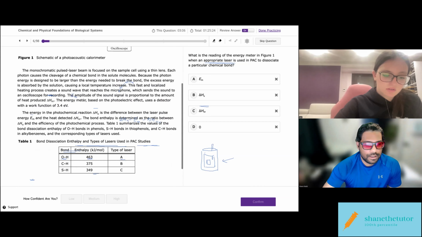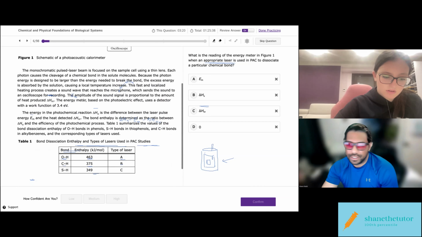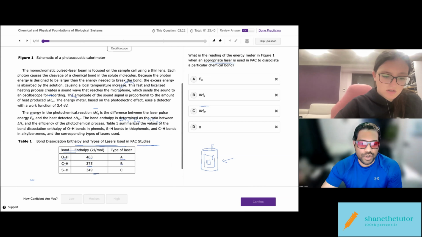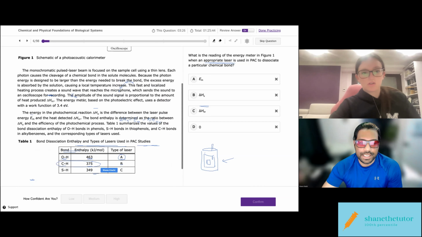Laser B has a lower enthalpy, 375, and it's to break the CH bonds, right? Now let's say we use an inappropriate laser. Let's say we use laser A to break CH bonds.